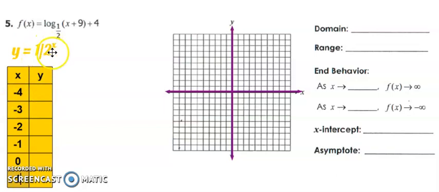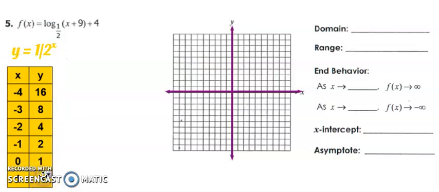So if I raise 1/2 to the -4 power, that would equal 16. 1/2 raised to the -3rd power would be 8. 1/2 raised to the -2 power would be 4. 1/2 raised to the -1 power would be 2. 1/2 raised to the 0 power would be 1.